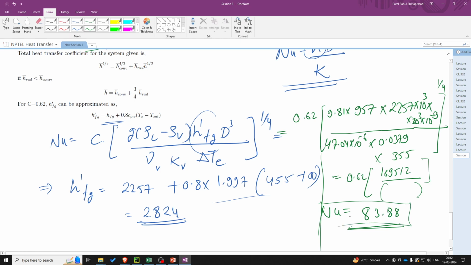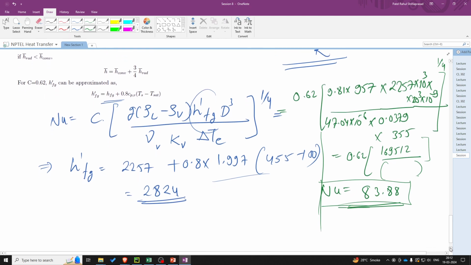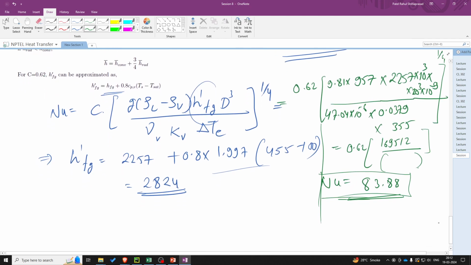So that is the Nusselt number for the given system that we obtained, and from this Nusselt number you need to calculate the value of heat transfer coefficient h.